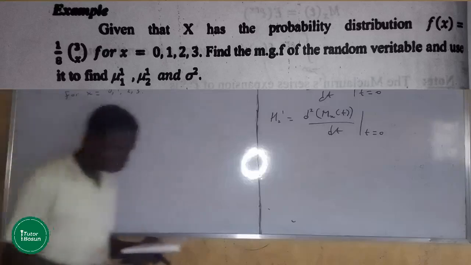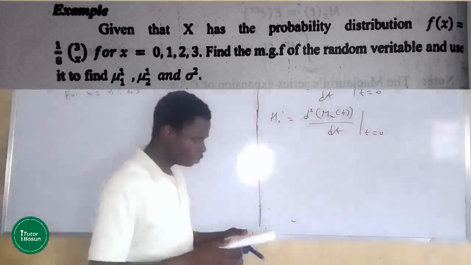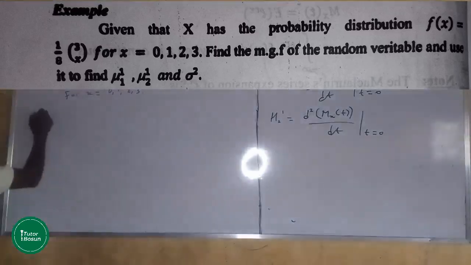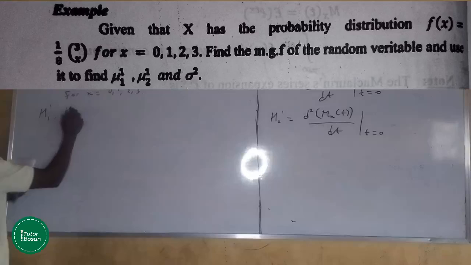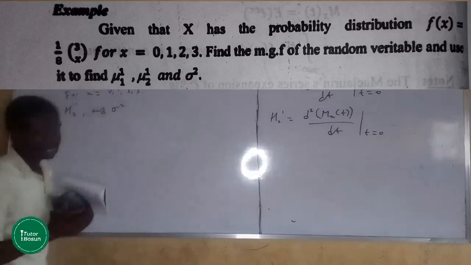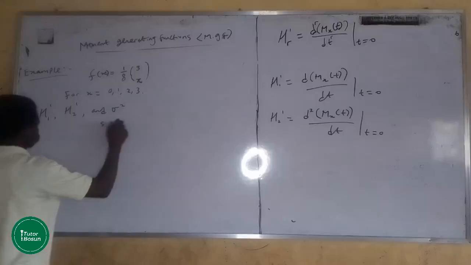First, find the MGF of the random variable and use it to find mu 1 prime, mu 2 prime, and sigma squared, that is, the variance. Solution.